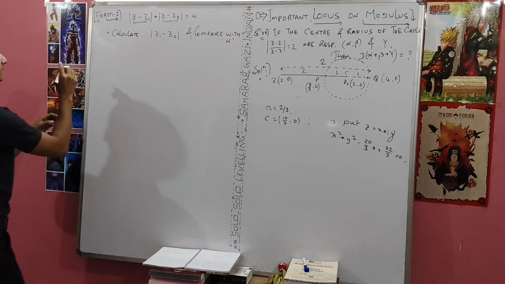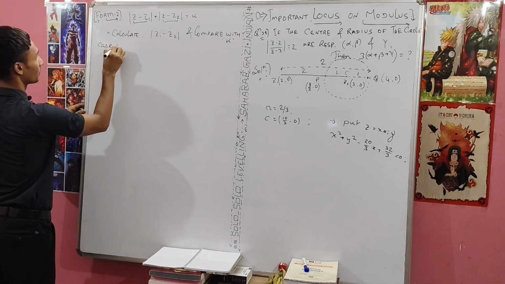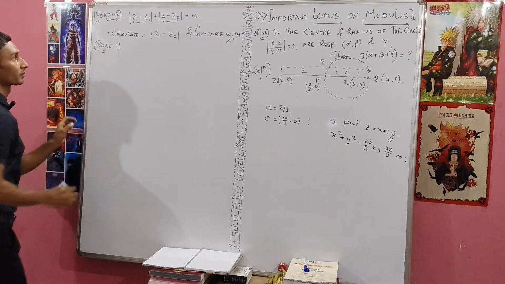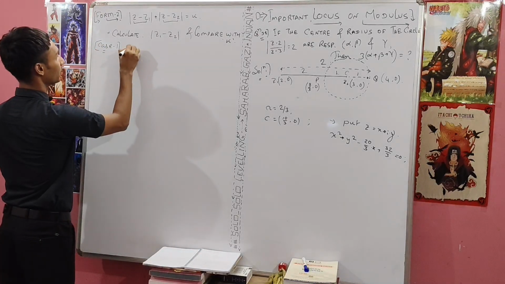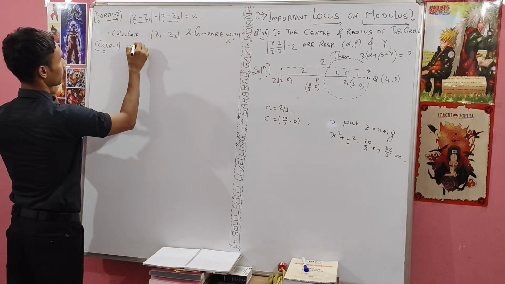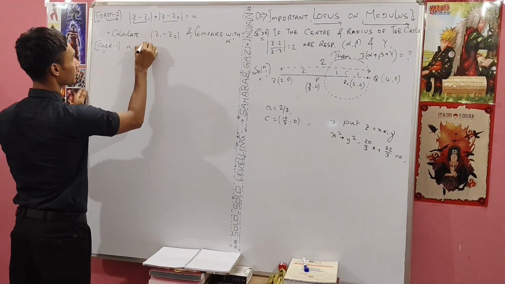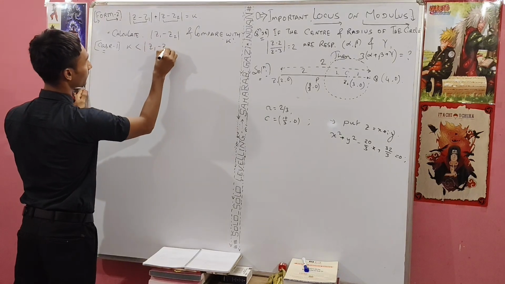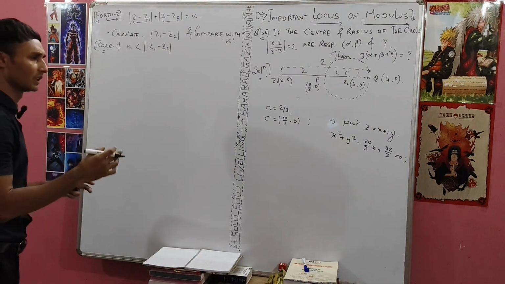Here there are three different cases. Case 1, you will get this; k is less than mod of z1 minus z2, and the third one you will get.